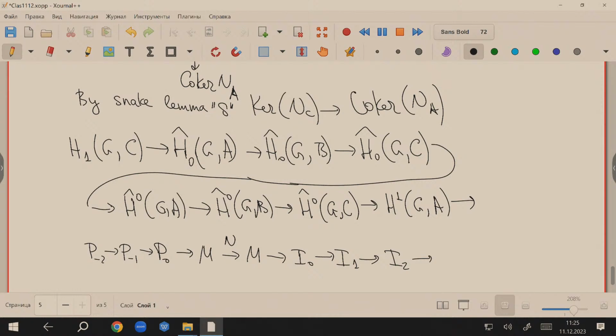Это прямо набор точек, поэтому с ними можно работать: написать H1 от этого, длинную точную последовательность. Там появится H0 и H1. H0 будет от набора точек.